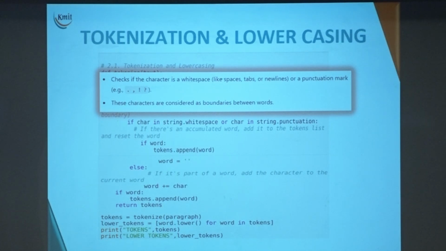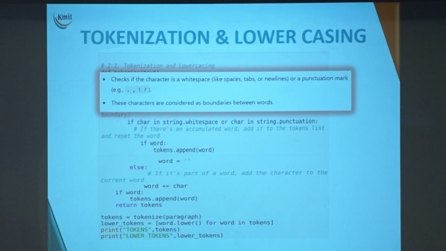So I am going to use a loop and check string dot whitespace or string dot punctuation. This is the beauty of using the string library. Are we encountering string dot whitespace or string dot punctuation anywhere in our given text input?